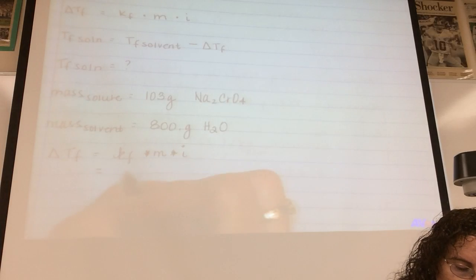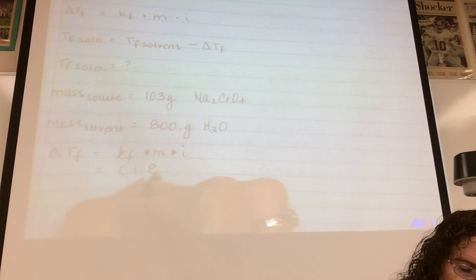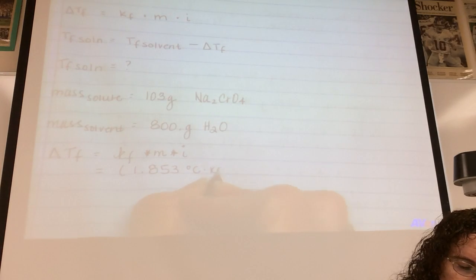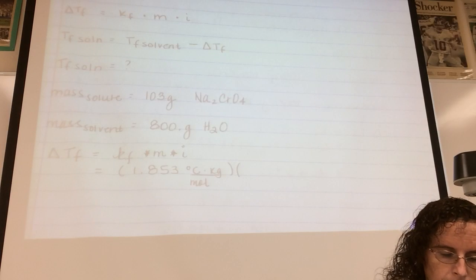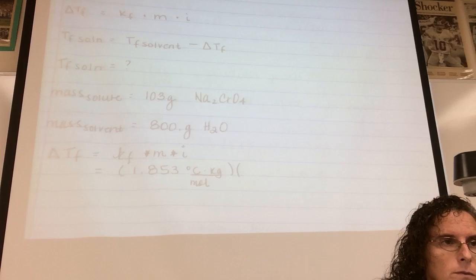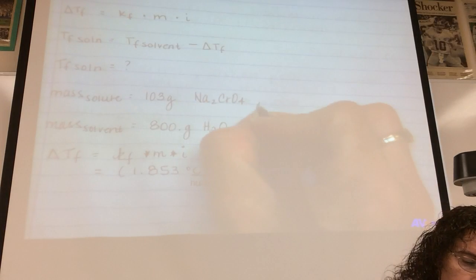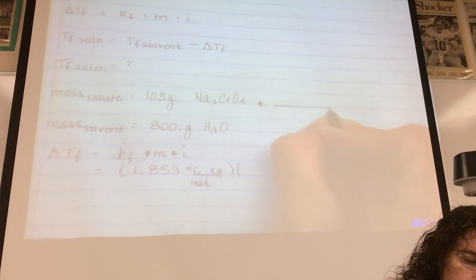Our Kf is 1.853 degrees Celsius kilogram per mole. How do we get the molality? Do we use the solute or solvent? First the solute. We're going to convert that to moles.